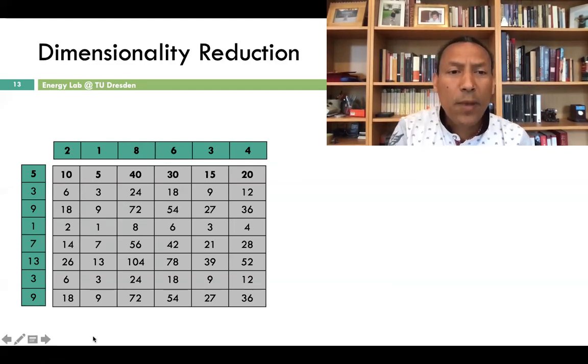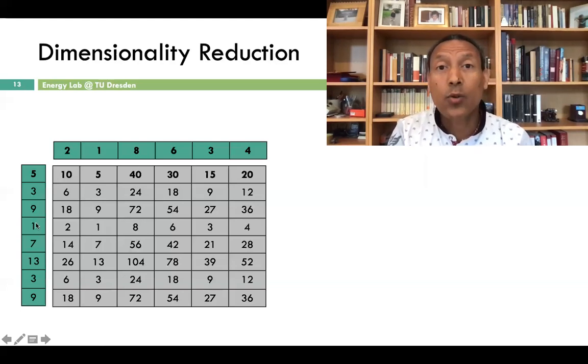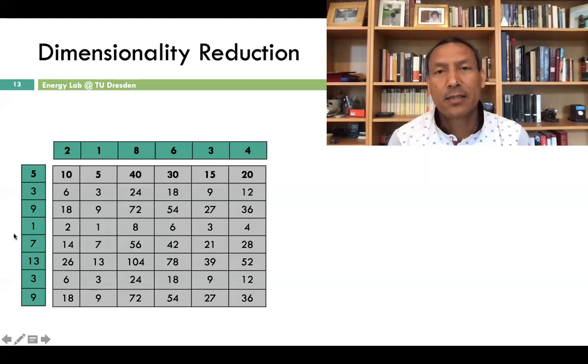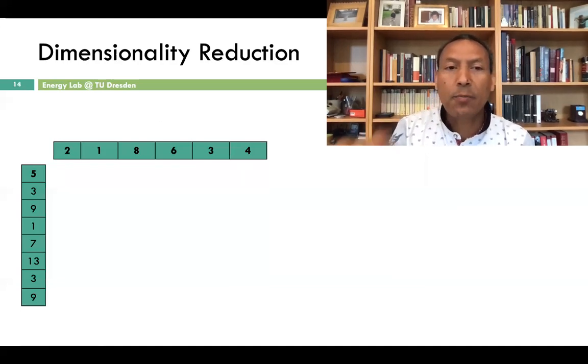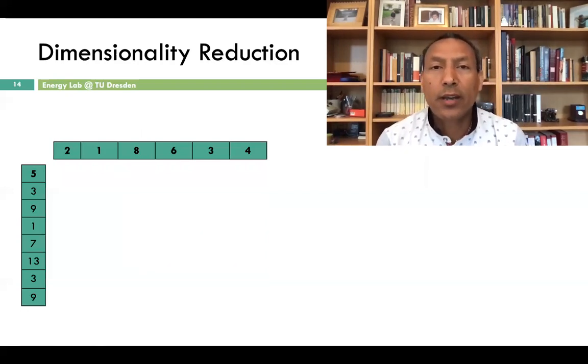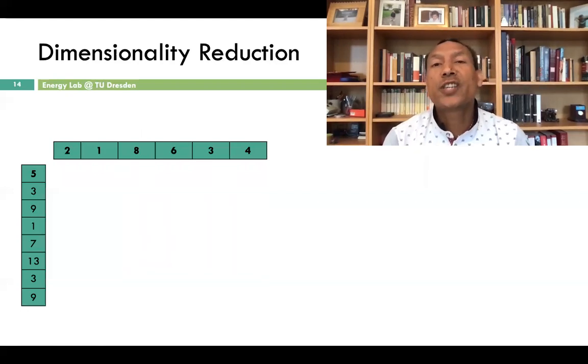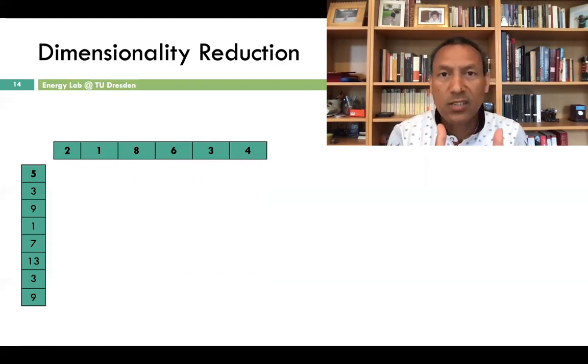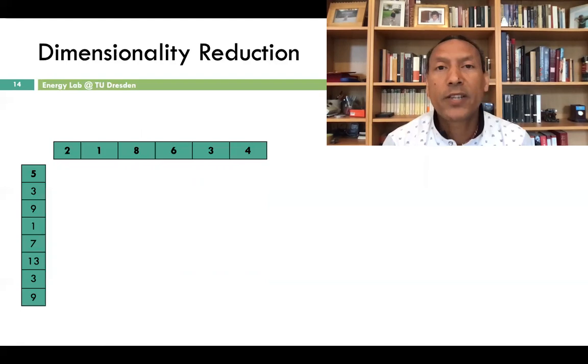So the whole matrix can be represented as a vector product of two basis vectors. So we can remove it. We don't need to store all this data. Rather, it's sufficient to just store two basis vectors.